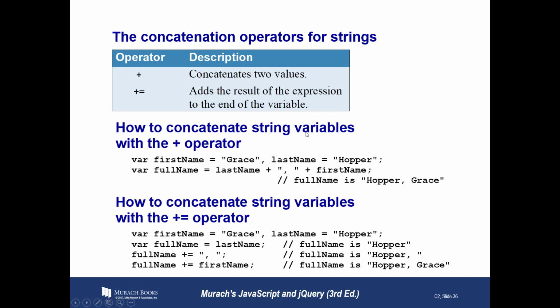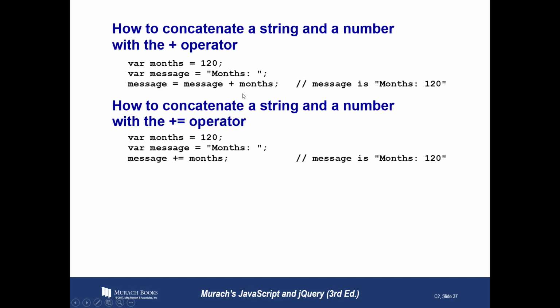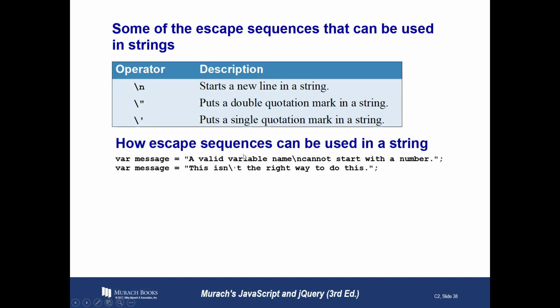When you work with strings, you can use a plus sign to add two strings together, and they show you examples of that here. You can also use the plus equal on strings, and it does concatenation as opposed to addition. And here's an example. JavaScript, like most programming languages, supports escape sequences.